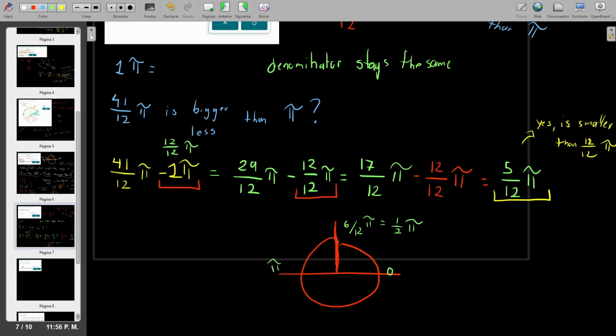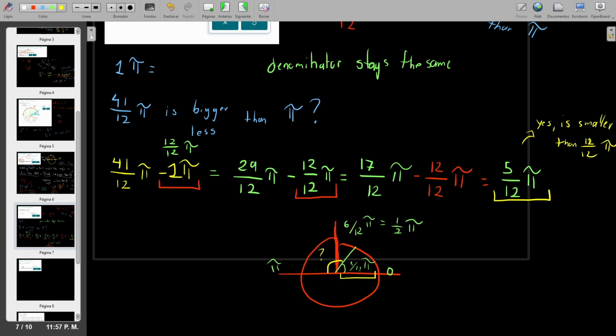So the half of a circle is going to be a half of a pi, 6 twelfths. 5 twelfths is going to be a little less than that, right? Now, which angle is bigger, this one or this one? Exactly, this part.